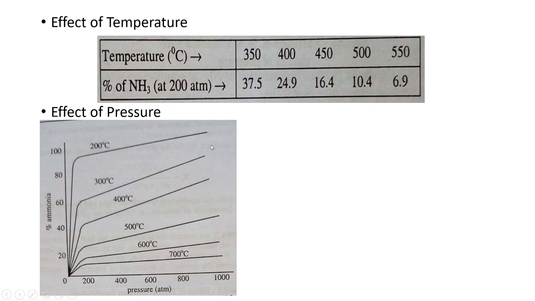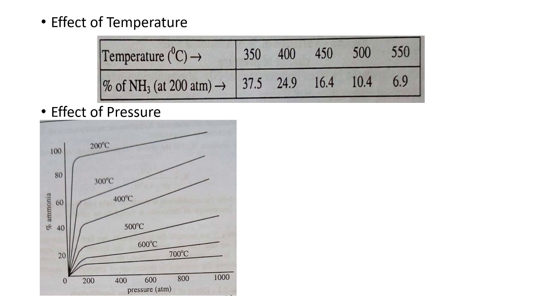Initially you go on increasing the pressure, 0 to say 100 exponential, after 100 linear, and when it reaches 750, somewhere here, it goes to the highest point, that is almost 100%.